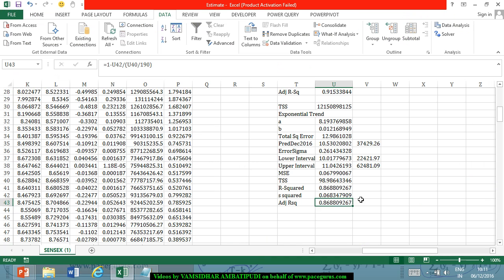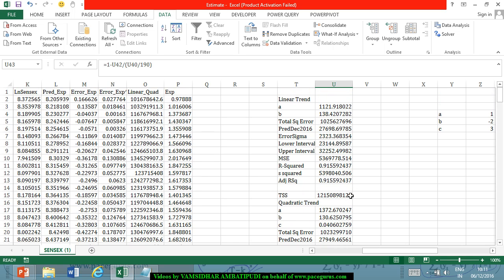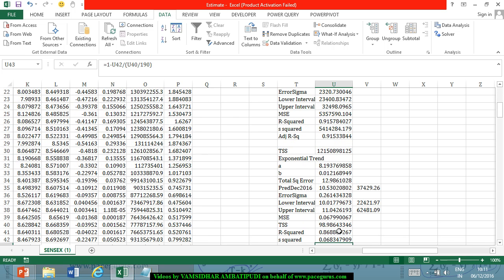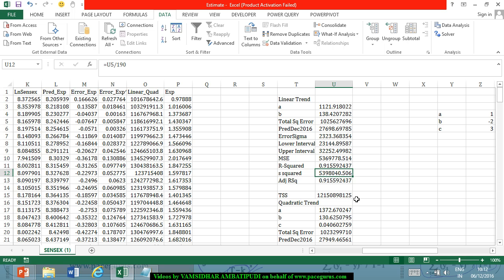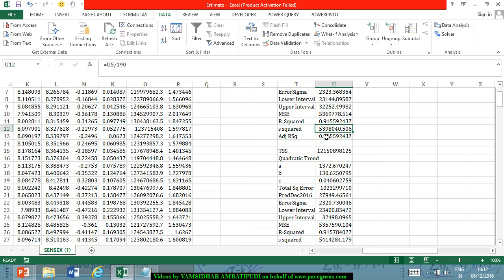So here it is very clear. Even when you looked at S squared, it looked like the linear trend is better than the quadratic trend. I am directly eliminating the exponential trend because the R squared is quite poor compared to the linear and the quadratic trend. The S squared, which is a measure of error, is 5.39 for linear, whereas here it is 5.41 million.